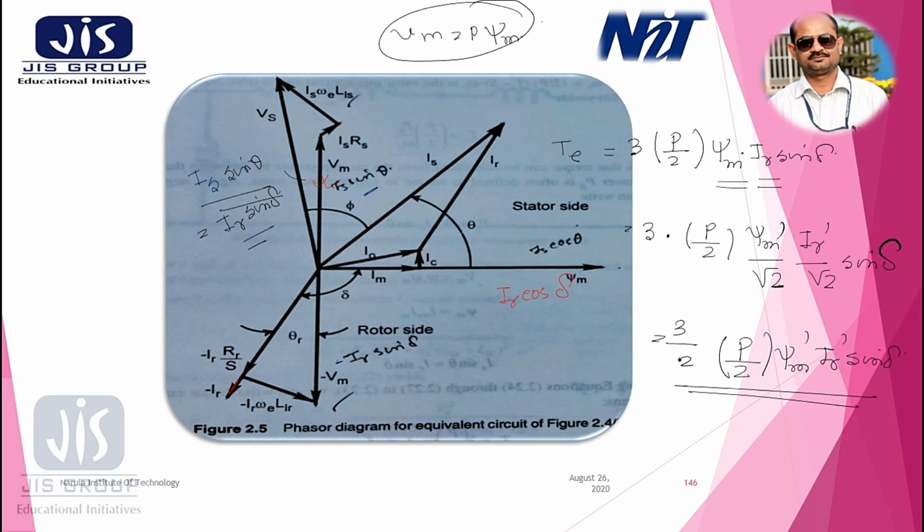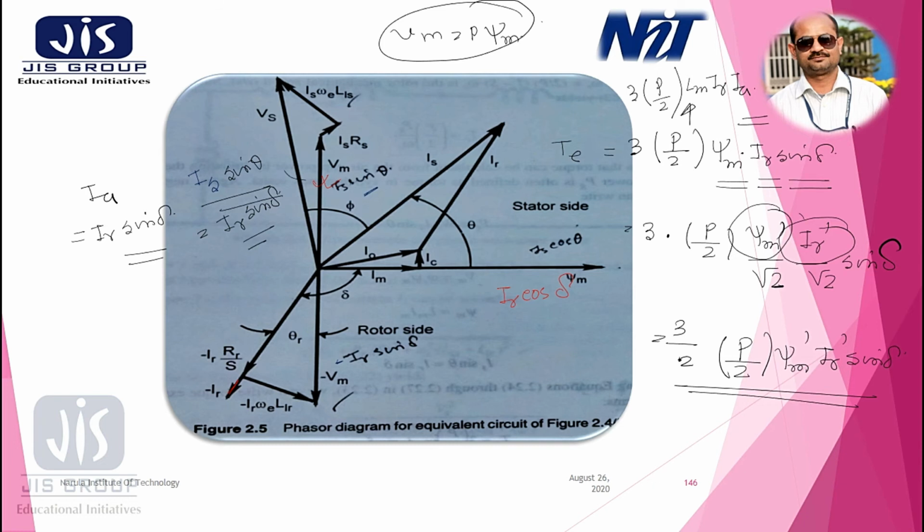So instead of psi m we can write 3 into P by 2 into Lm into Im into Ia, where Ia equals IR sin delta. Here psi m dash is the peak value, IR dash is the peak value, and this Ia is the torque component of the stator current.